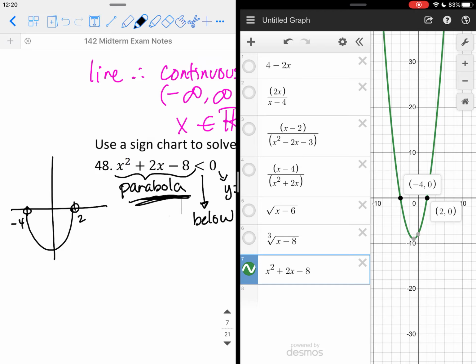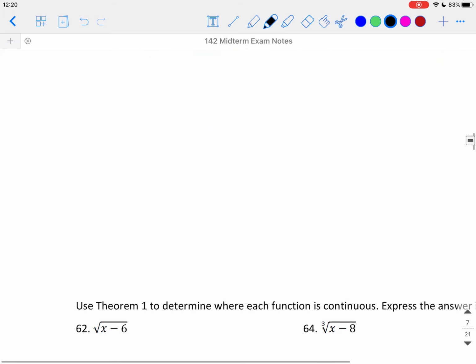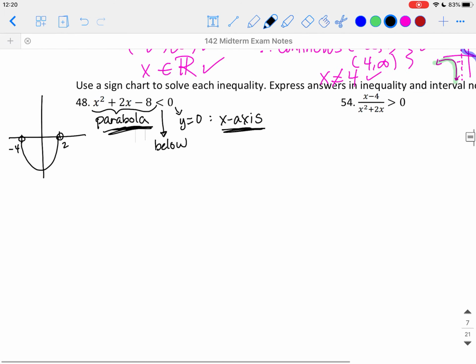So when is it going to be below? Now that I just graphed it, my answer is technically from that open circle, all the answers here, all the way to that open circle.